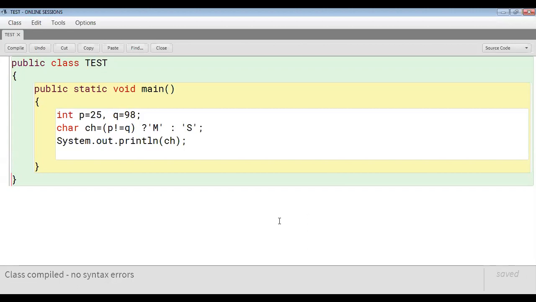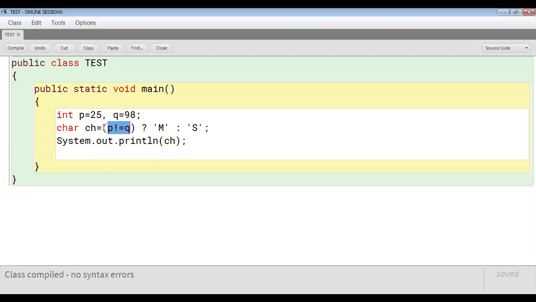Tell me what will be the value of the variable ch. Okay, so is this expression coming out to be true or false?